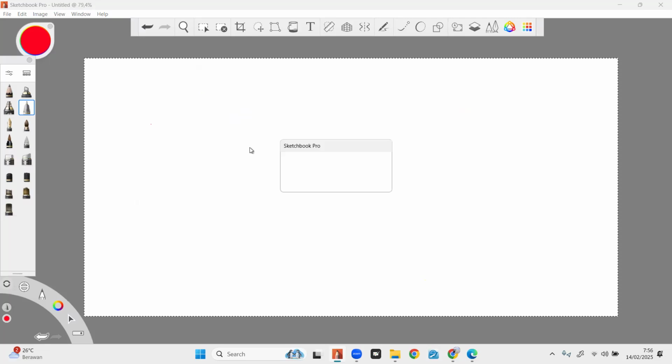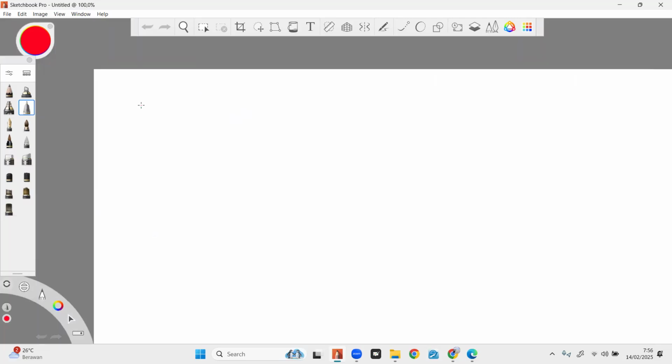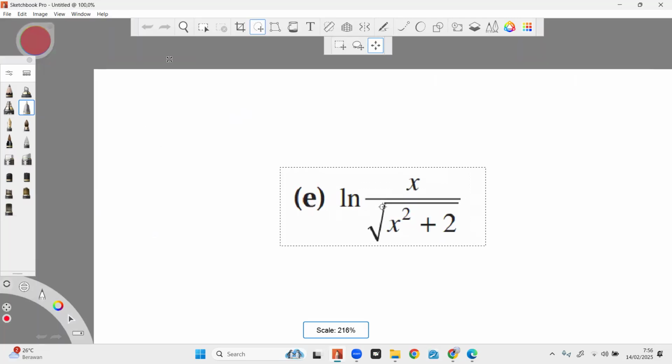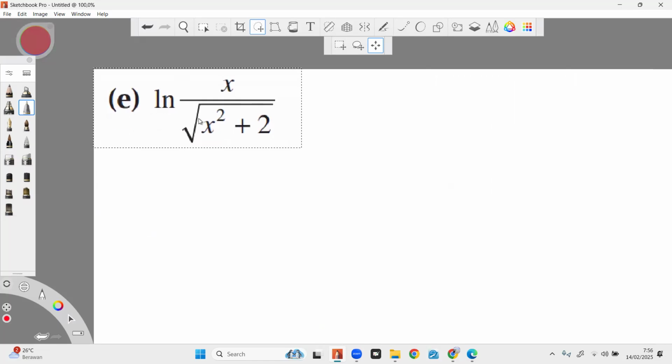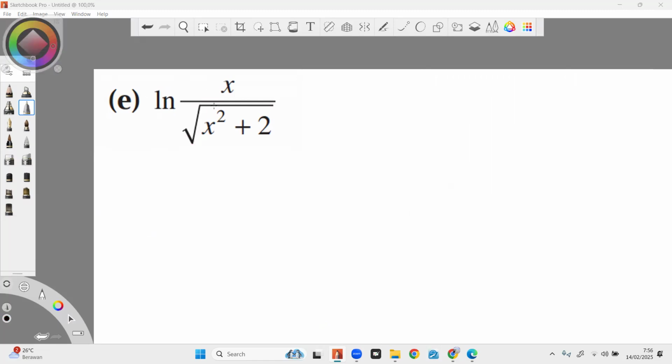Okay, the practice now, the question that has no answer. Actually, they are in the answer key. Okay, what you can do here? Ln of this. Do you remember the characteristic of ln? We use another way.